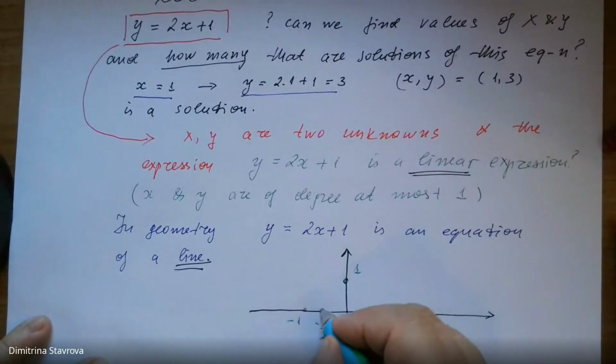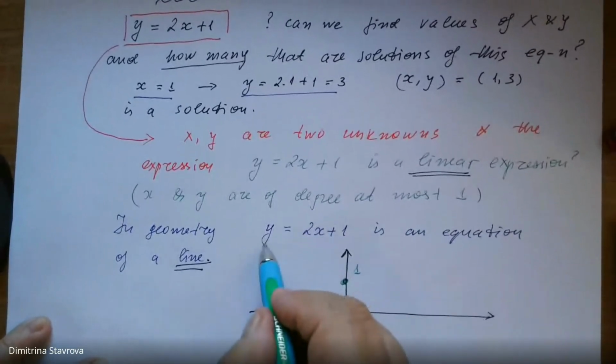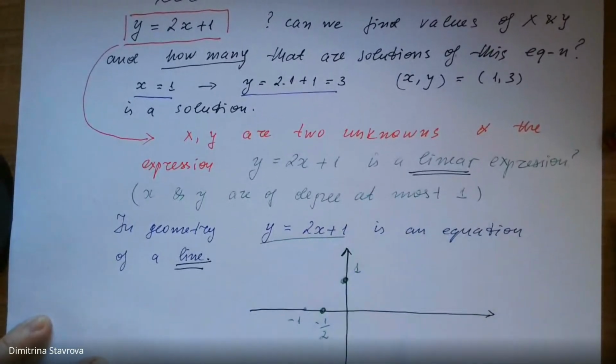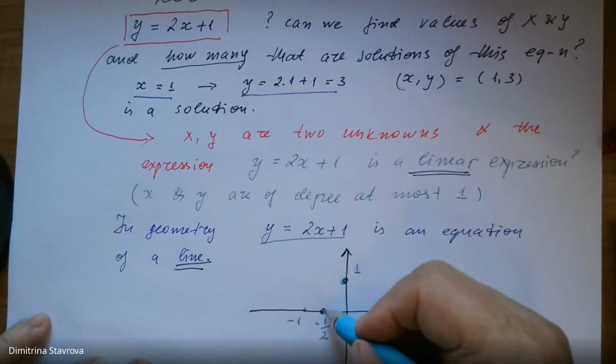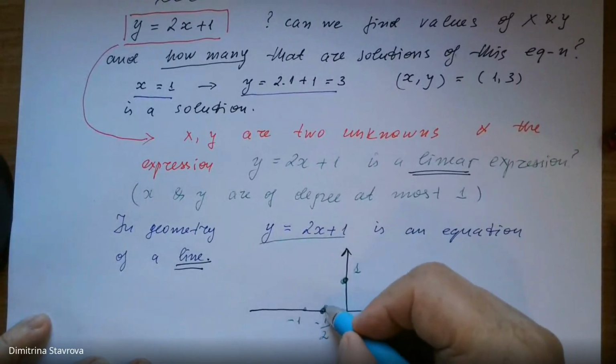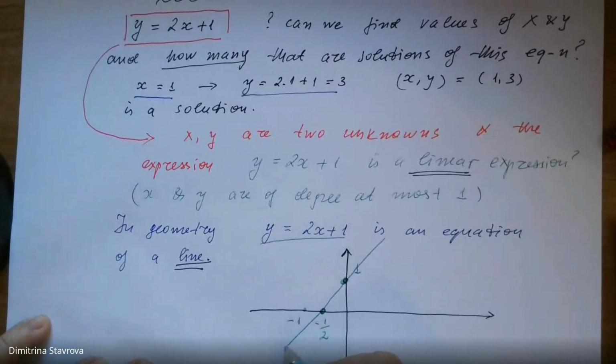So those 2 points are points on the line y equals 2x plus 1. And we know that 2 points identify uniquely a line that passes through them.